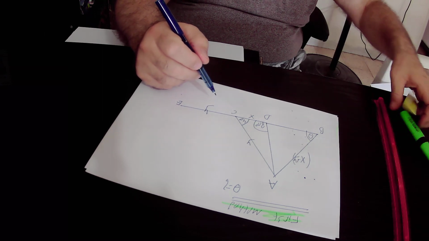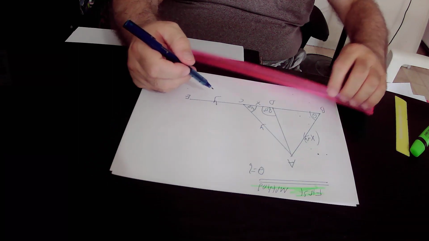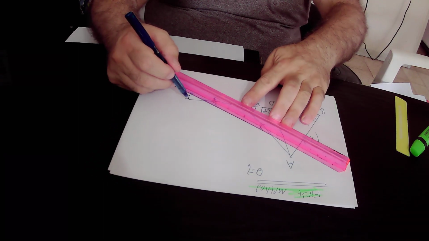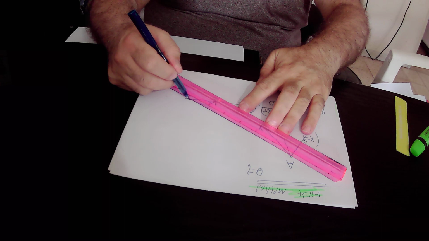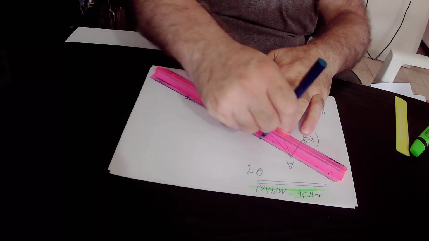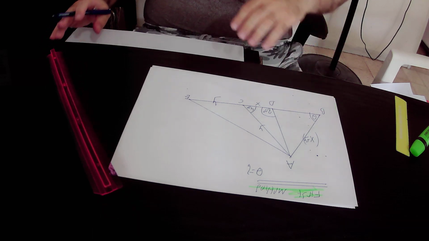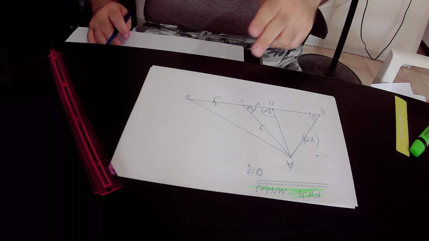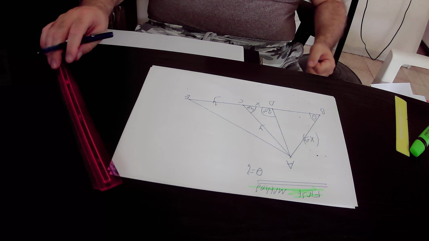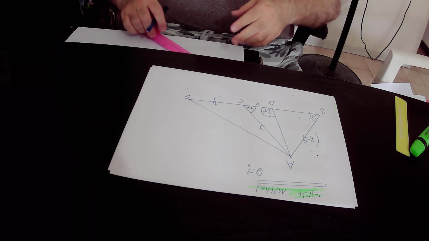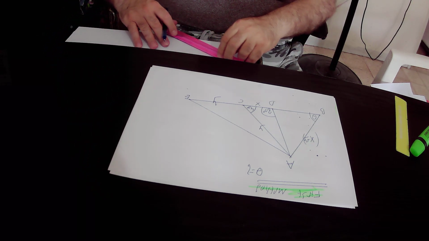In the next step, we join points A and E together by a straight line. By joining the points A and E by a straight line, we created triangle ACE. So I'll copy triangle ACE in a new page, and we'll analyze triangle ACE.